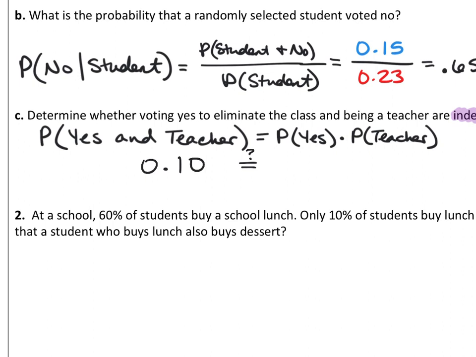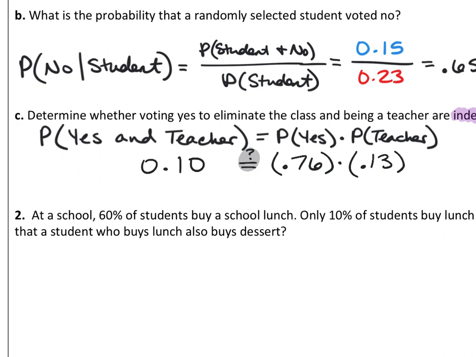So looking at the table, what was the probability, it's a total, that all of them said yes? What's that total probability for yes? 0.76. What's the total probability, it's a total, of being a teacher? 0.13. Now we are actually trying to figure this out. We don't know if they're equal.